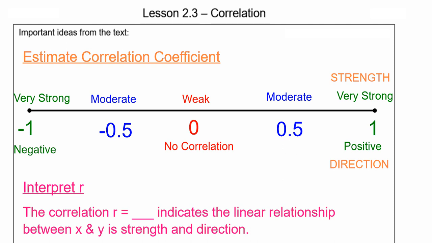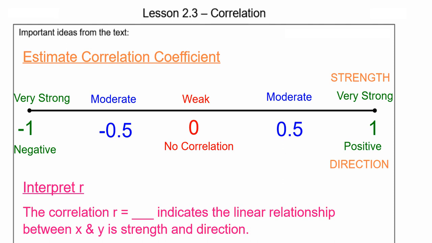So we use this to talk about the strength and direction for our data values. Whenever we need to interpret the R value, we would always say the correlation R equals whatever value it was, indicates our linear relationship between X and Y, your explanatory and your response variable, and you would state what direction and strength it had.